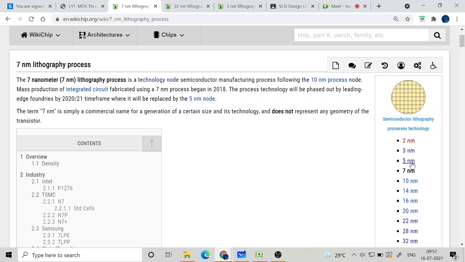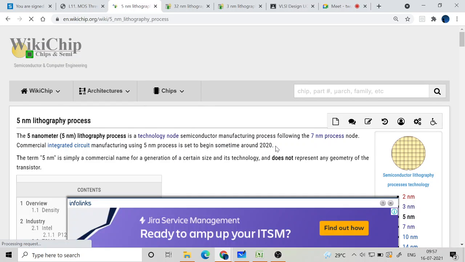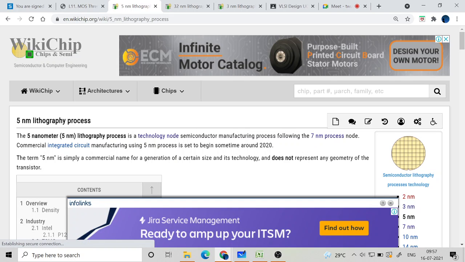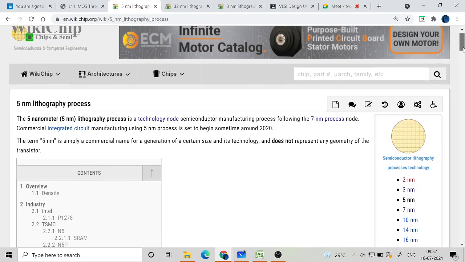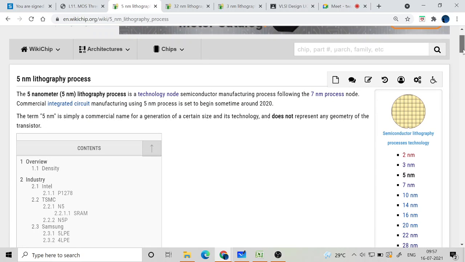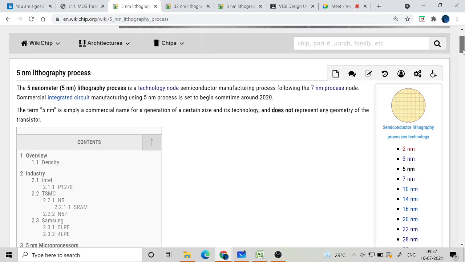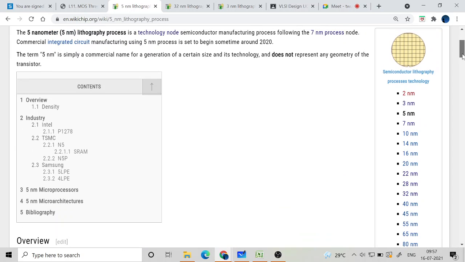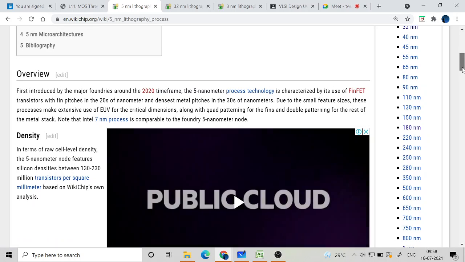And then what is the current status? The commercial production started in 5 nanometer. So 5 nanometer was set to begin sometime around 2020. So it's already into production, especially I think memory chips. Usually whenever a new node comes, the first chips they manufacture are the DRAM or SRAM chips, the memory chips, because memory is a very highly dense chip.